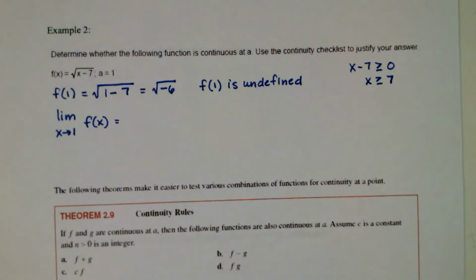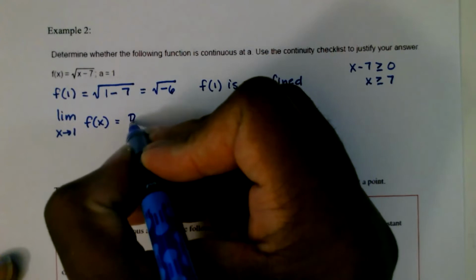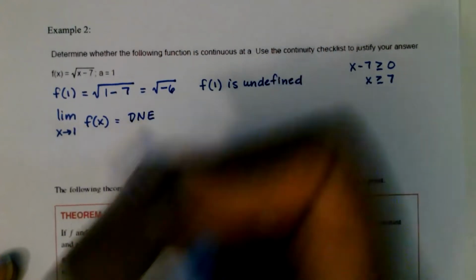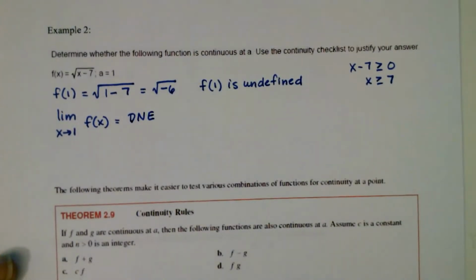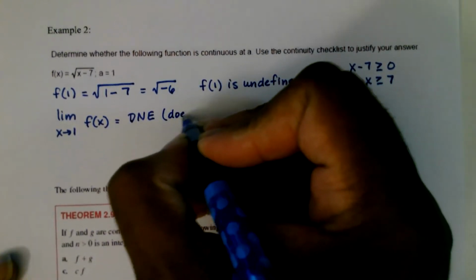But when you take the limit as x approaches 1 of f of x, that limit does not exist. And here I'm using DNE for does not exist.